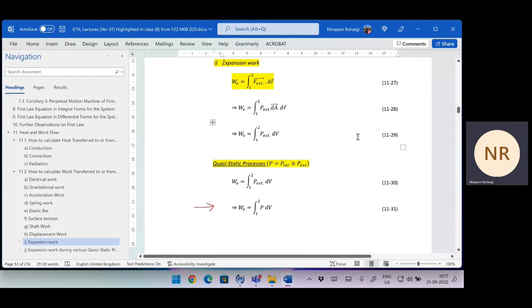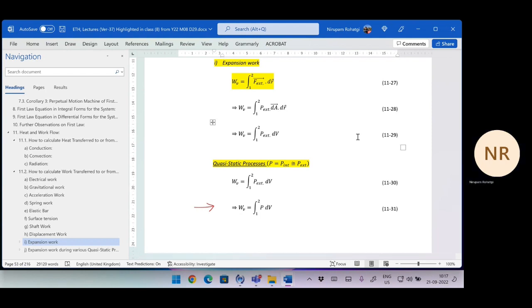Similarly, in the case of a spring, whatever force you apply, the energy stored in the spring is half kx squared. And if you do more work, it goes into the kinetic energy of the mass. So one should know how the work is being transferred.